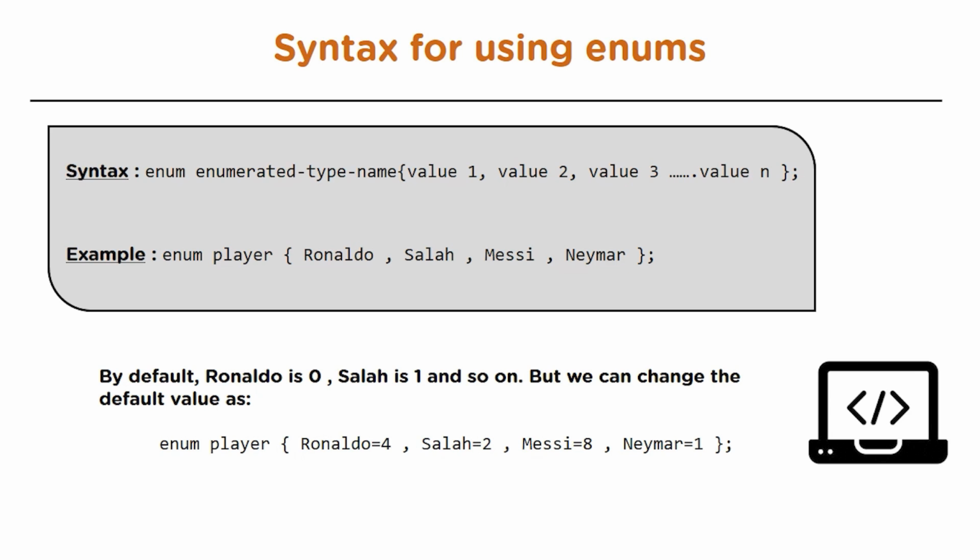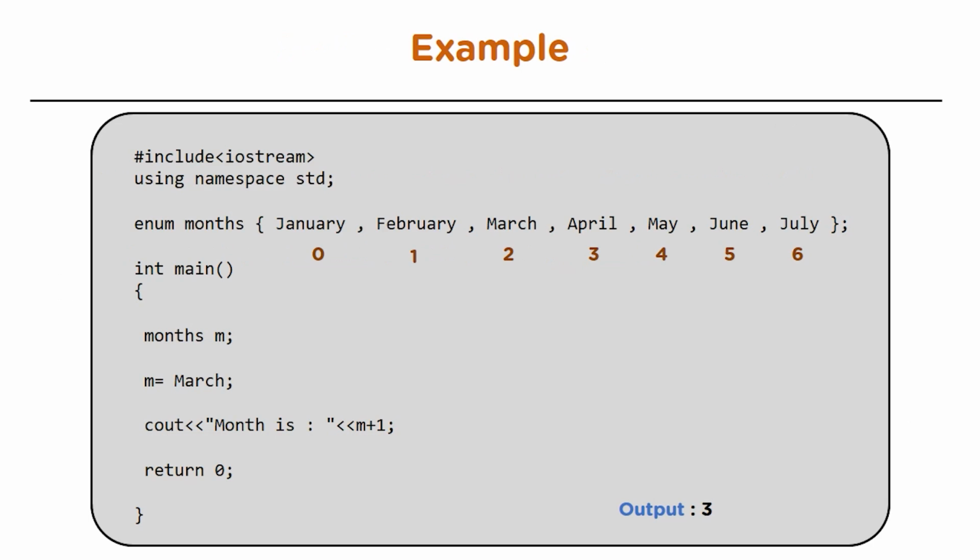In this example, by default, Ronaldo is 0, Salah is 1, Messi is 2, and Neymar is 3. Because we know by default the compiler assigns them values which start from 0 and so on. But we can change these default values by assigning values to them. Like here, Ronaldo's value is now 4, Salah's value is 2, Messi's value is 8, Neymar's value is 1.